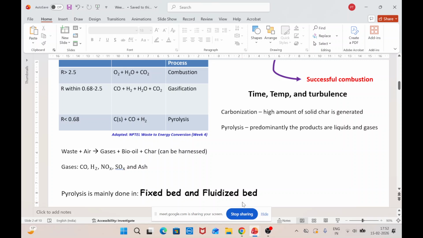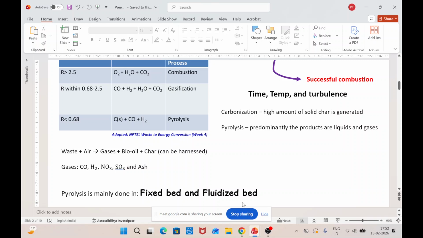If I am able to improve the energy density, what it actually means is that within a particular volume of the material, I can increase the amount of energy that can be generated. So to produce the same amount of energy, I require much less biomass waste.